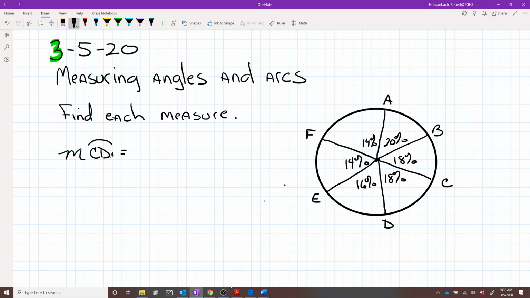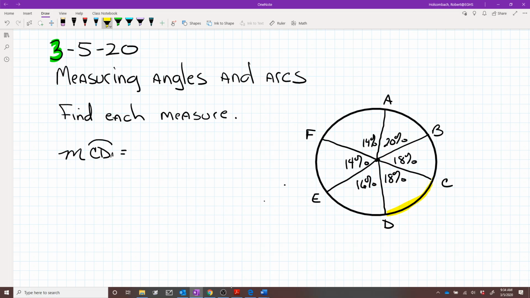Okay, so just be careful when you're solving these types of problems. When you have a percentage as an angle measure, they're telling you that this angle measure right here, this central angle, C to D, we're looking for this arc measure, arc CD.